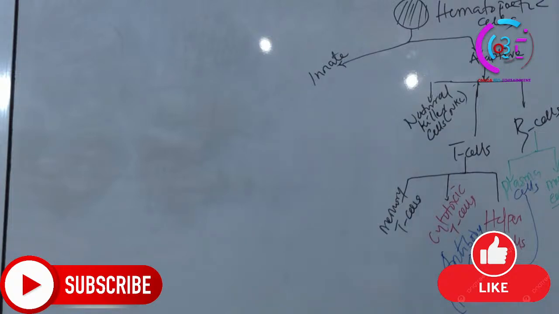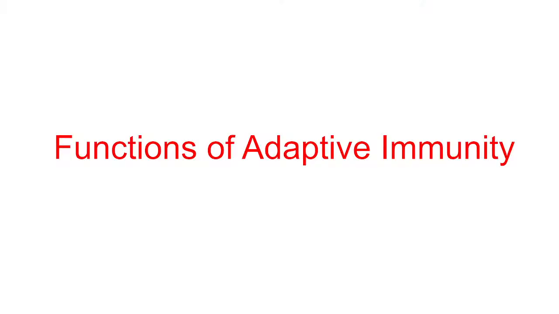Now, before I go on, you can also come across some textbooks that will tell you that the adaptive immune system is divided into cellular as well as humoral.